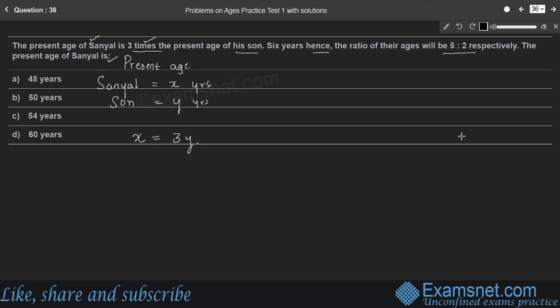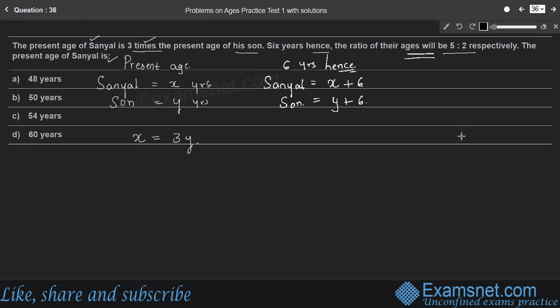6 years hence, we'll consider their ages 6 years hence. After 6 years, Sanyal's age will be present age x plus 6 years, and his son's age will be y plus 6 years. And the ratio of their ages will be 5 is to 2.